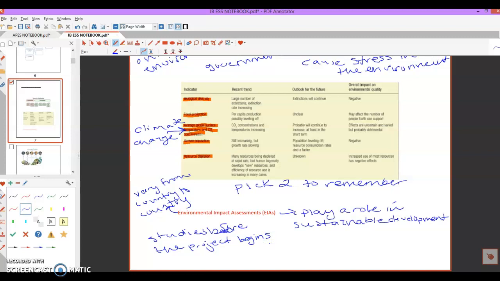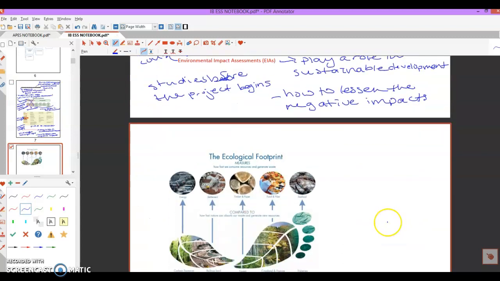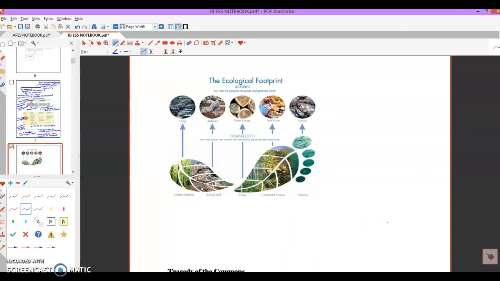We also want to know how to lessen the negative impacts. So those are environmental impact assessments. So let's go on to talk about ecological footprint really quickly.